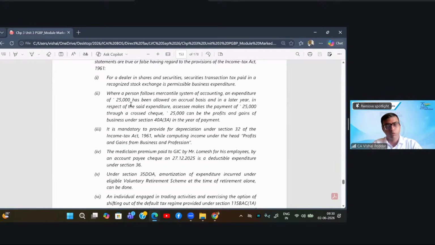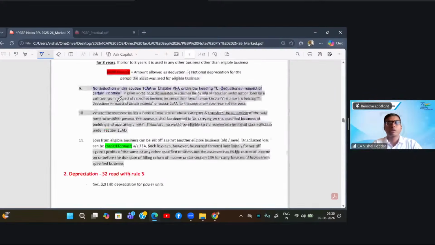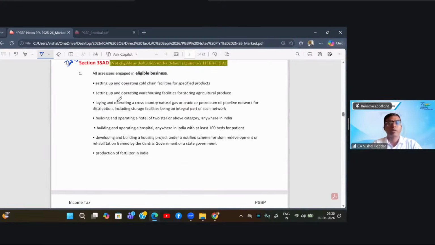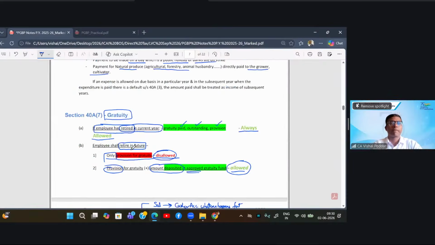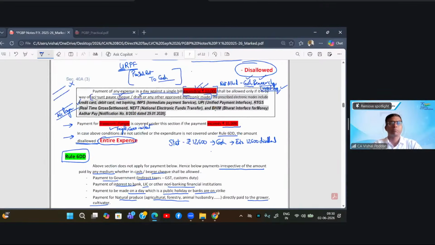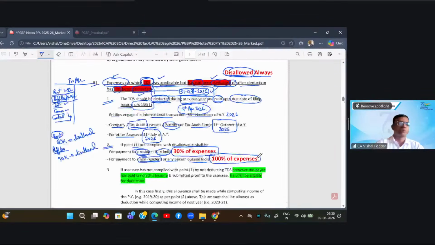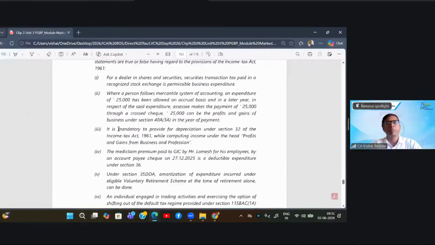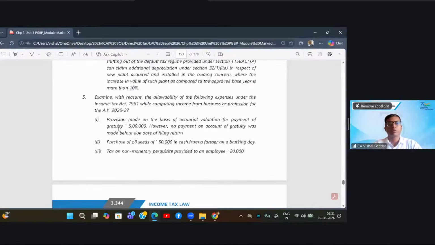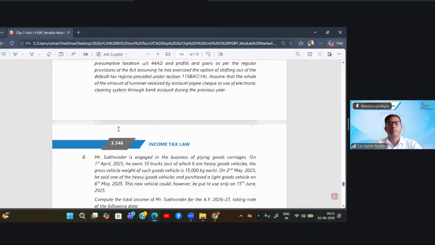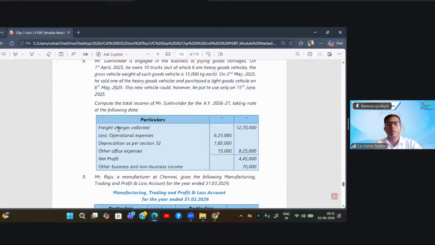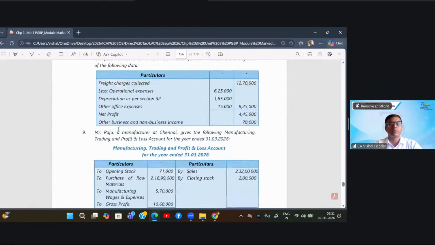Now, what is your homework today? You have to revise this entire sheet, which I have already uploaded after the previous class itself, up to this point. Up to this point, you have to revise everything. And then from your module, you have to attempt questions 3, 4, 5, 6, 7, don't do 8, 9 you have to do.